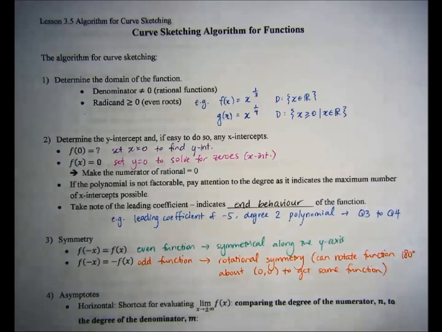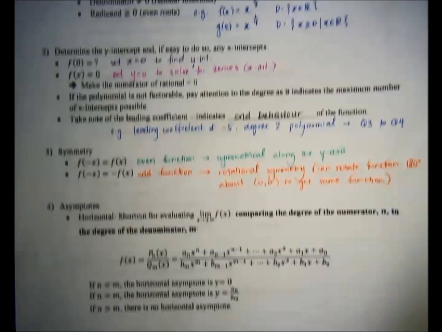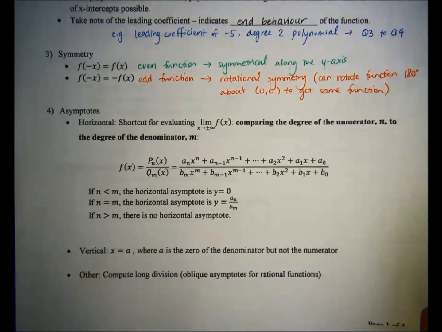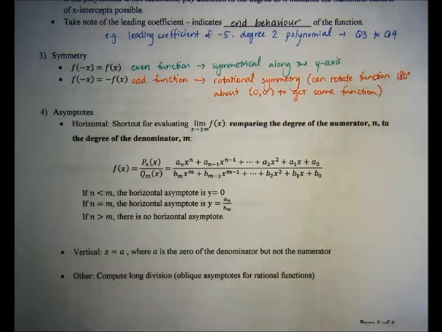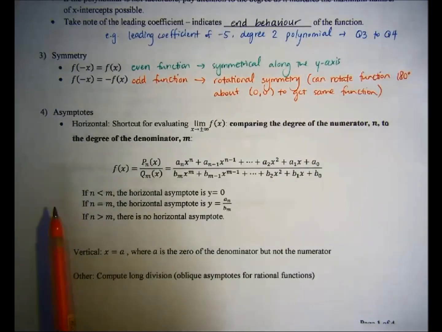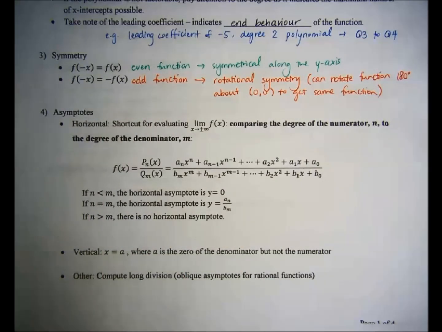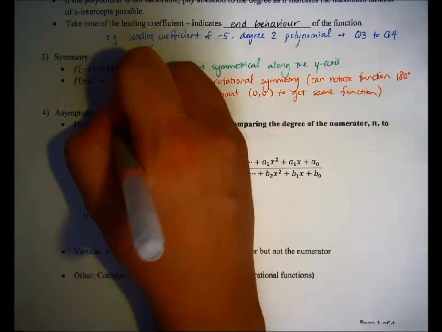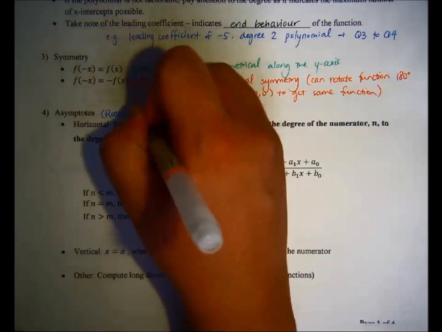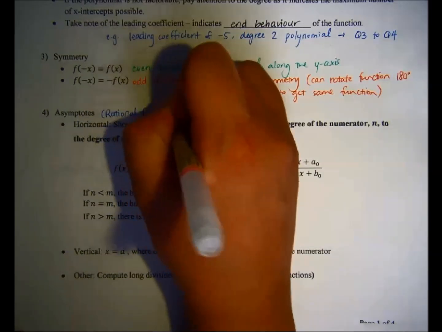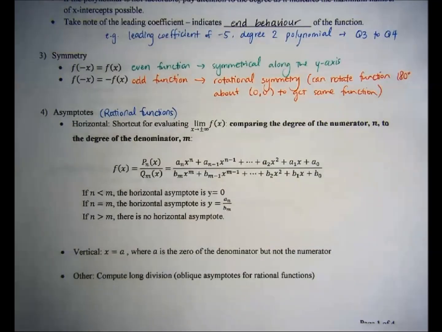Now, the next part is all about asymptotes. For your asymptotes for rational functions, obviously, this does not apply to polynomials.